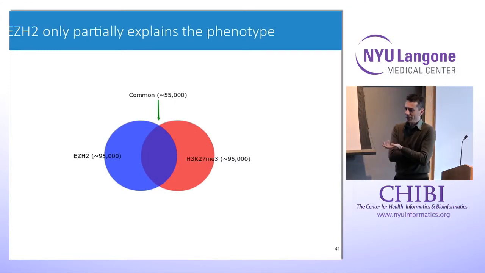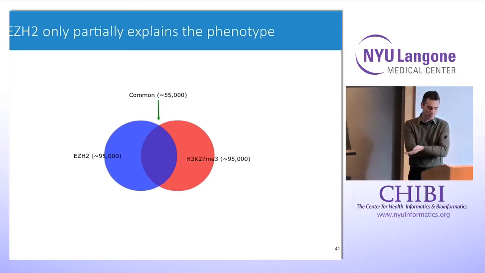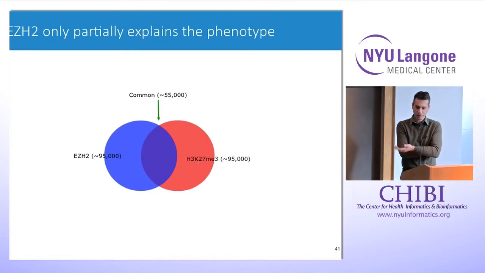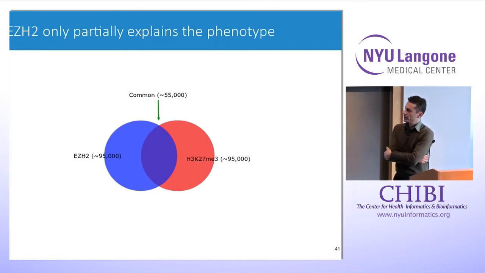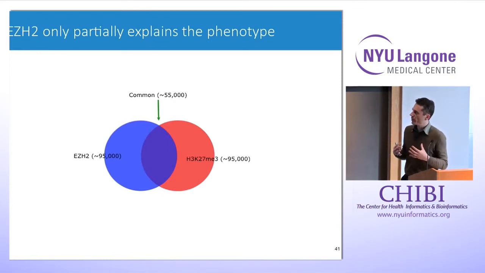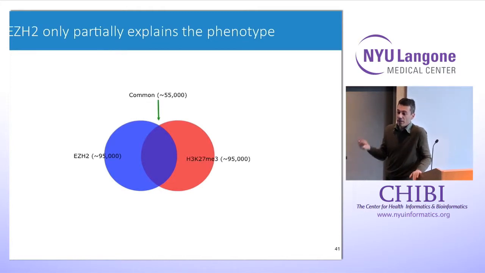And of course, that cannot be the case, because only 25% of the patients had inactivating mutations, the others didn't. So is there any additional information we can get from this K27 loss? Or was the whole story just EZH2 being inactivated?